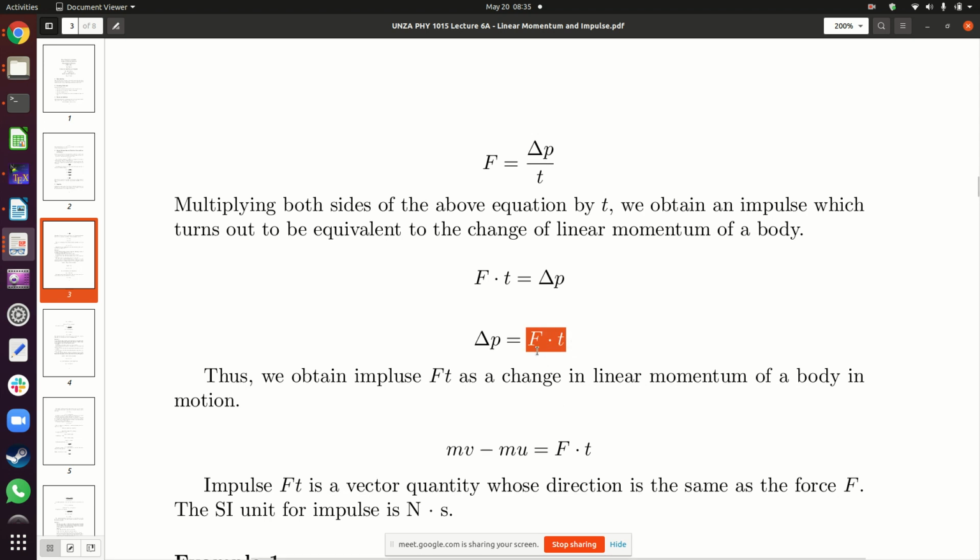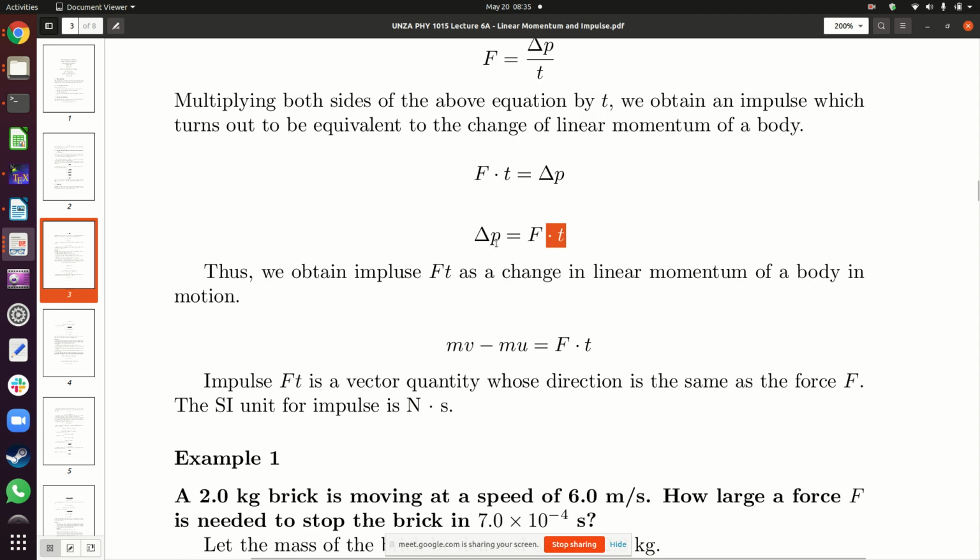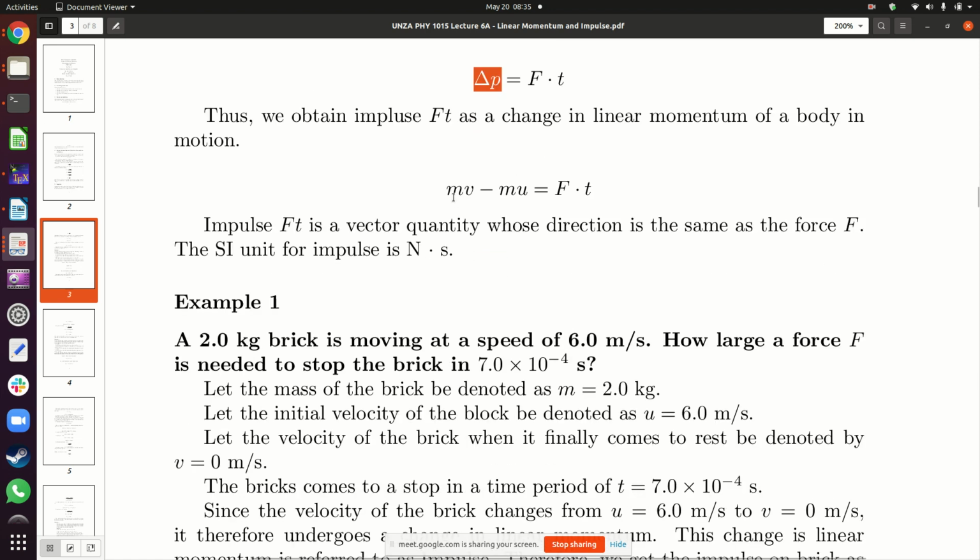This impulse is equal to the change in linear momentum, delta P. The change in linear momentum is equal to the force which is causing the velocity of the object to change, multiplied by the time period over which that force is present. We know that the change in linear momentum is equal to mv, final linear momentum, minus initial linear momentum, which is equal to this.